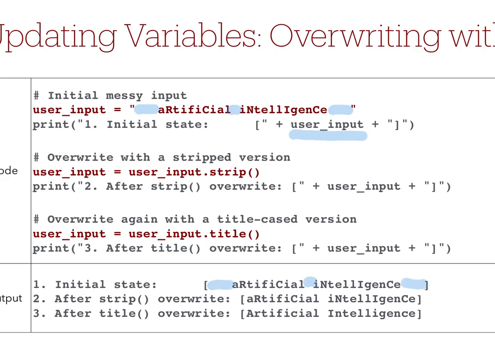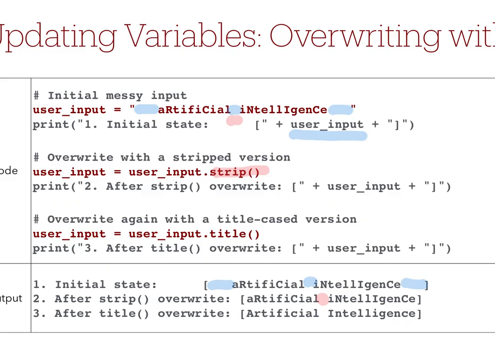Now, if I call the strip function, it will eliminate spaces in the beginning and at the end. But we still have a space in the middle. And that space in the middle is not erased by this strip function.